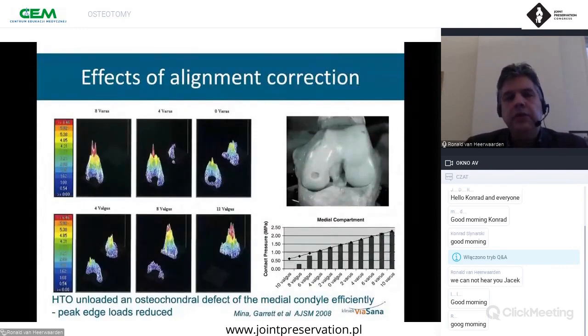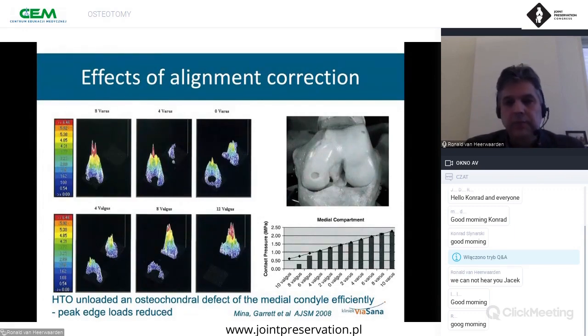This is a very important article about the osteochondral defects. It is proven, and there's many more articles on that, that peak edge loading, so the load around the edges of cartilage defects, can be positively influenced, so there is a decrease of the peak edge loading by osteotomies.